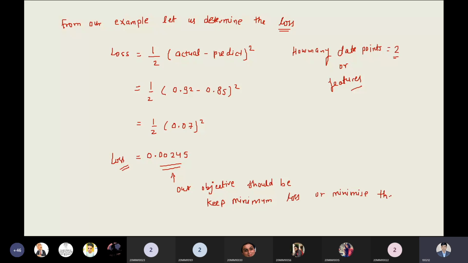This is done by a method known as the back propagation method, by which we can do it.